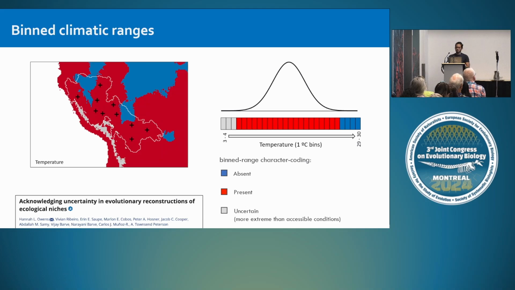And we bin this range, or we categorize this range in little bins, and for each of those, we do an ancestral reconstruction. And here we are basically saying conditions can be suitable, or where the species is present, could be absent, or could be uncertain if they are outside of what is accessible for the species.